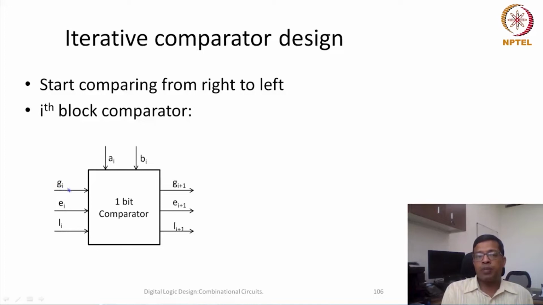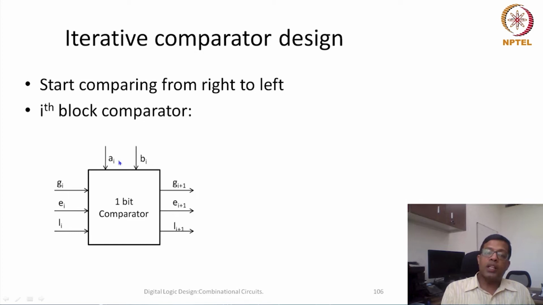Basically it says that from the 0th bit to the ith bit, if I compare, then A is bigger than B if Gi is 1. If Ei is 1, that means from the 0th bit to the ith bit it has been found that A equals B, and Li equal to 1 means that from the 0th bit to the ith bit, B is bigger than A, or in other words, A is lesser than B.